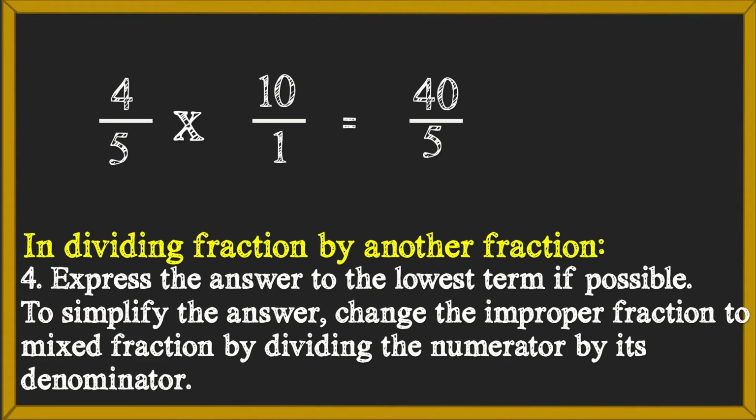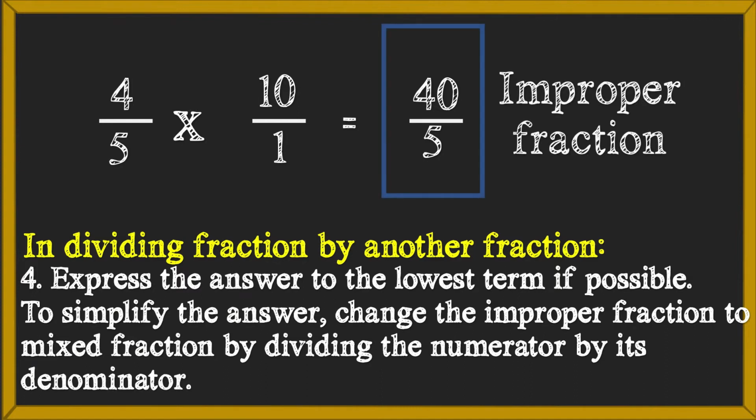Then express the answer in the lowest term if possible. But since the answer is an improper fraction, we need to simplify this. To simplify the answer, let us change the improper fraction to a mixed fraction by simply dividing the numerator by its denominator.